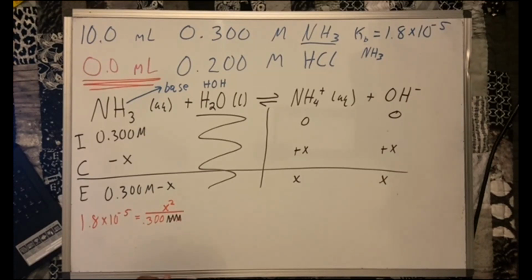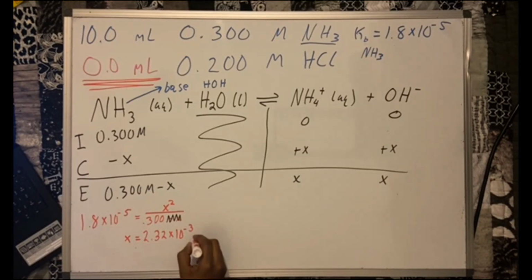What is my x? Where is my calculator? I got 2.32 times 10 to the -3.